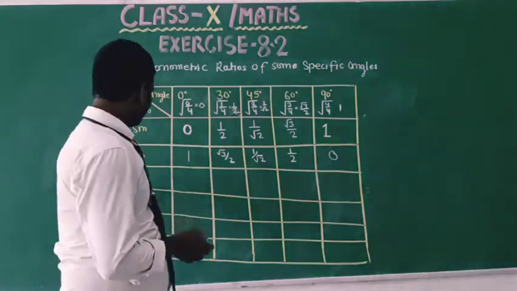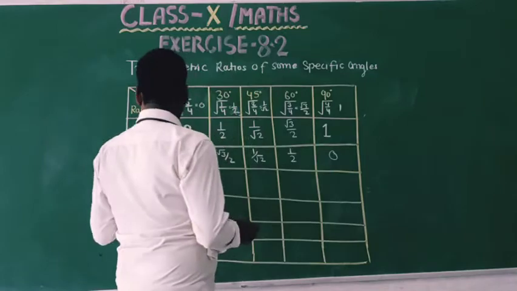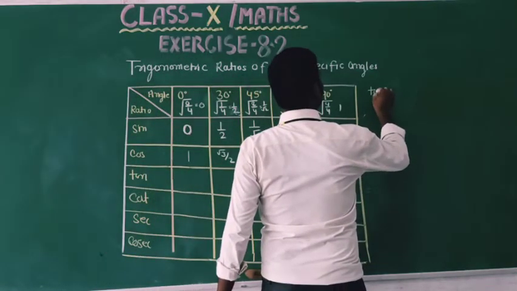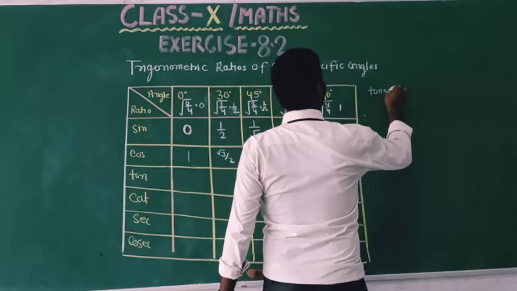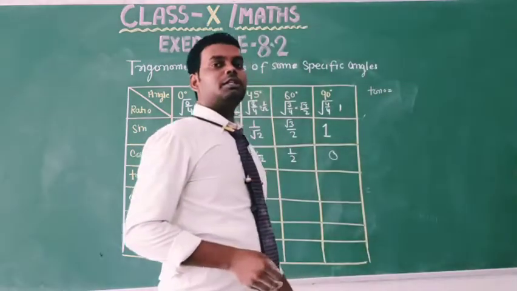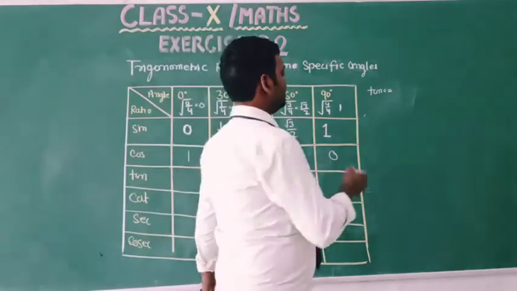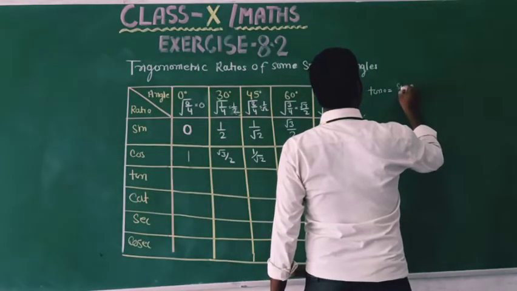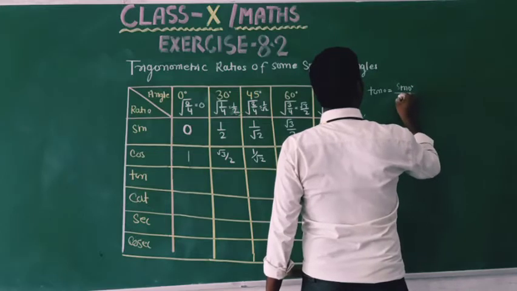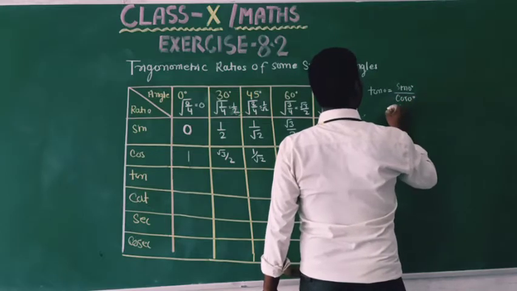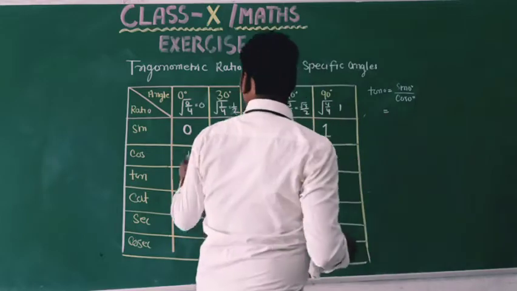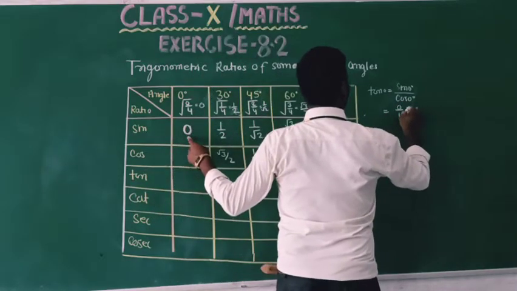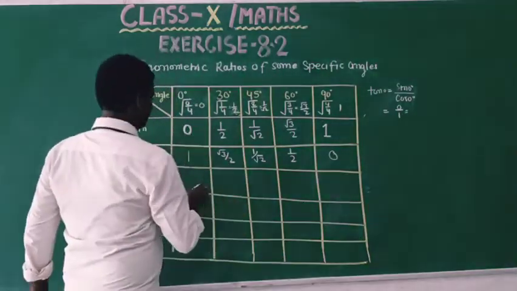For tan 0 degree, as we know, tan theta is sin theta upon cos theta. So write sin 0 degree upon cos 0 degree. The value of sin 0 degree is 0 and cos 0 is 1. 0 divided by 1 is 0.